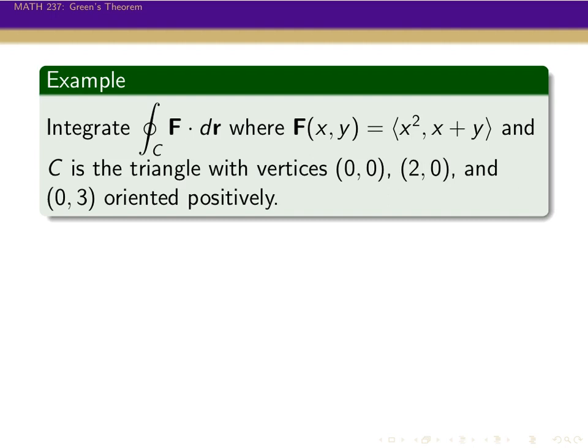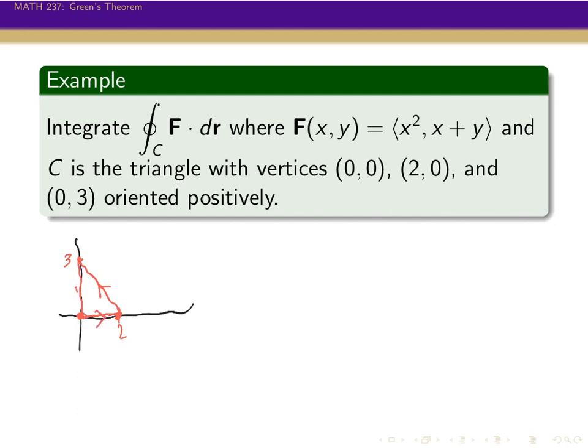So let's draw out this triangle. It has vertices at (0, 0), (2, 0), and (0, 3). And so there is our curve.